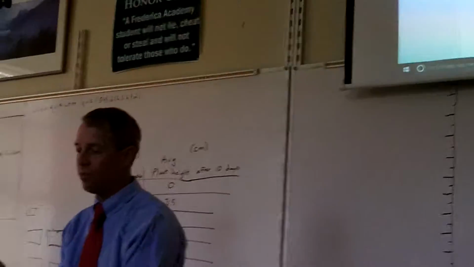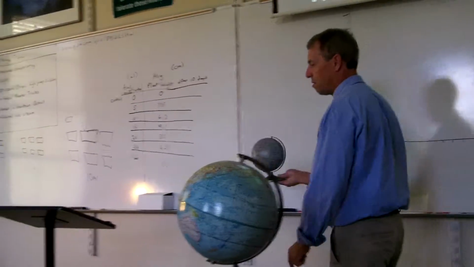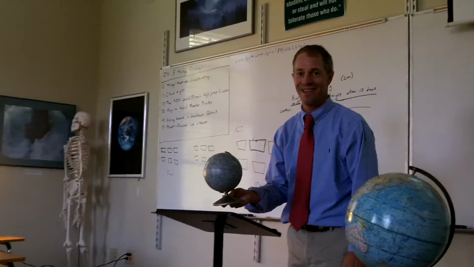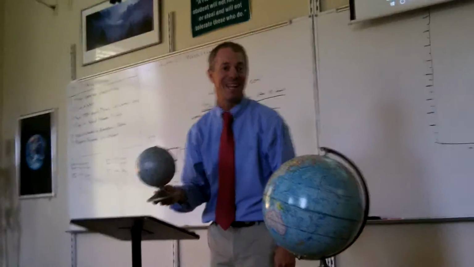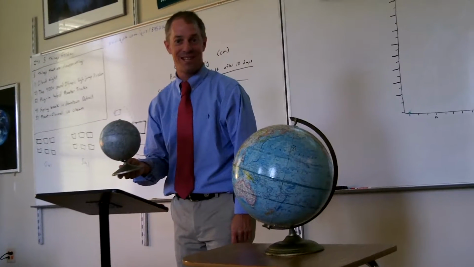Y'all ever heard of that? And the moon will gradually go around like this. You know how long it takes the moon to go around the Earth? A month. That's why it's called a month. It used to be called a moon, and they shortened it to month.